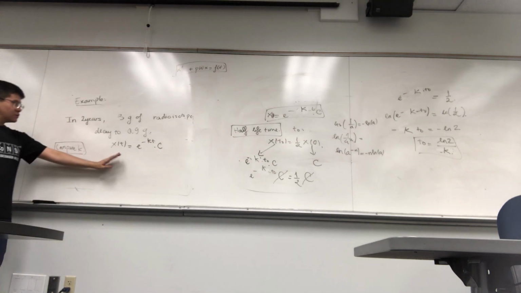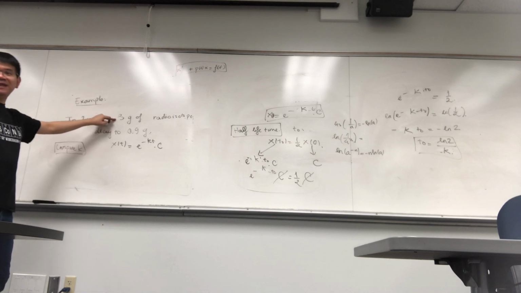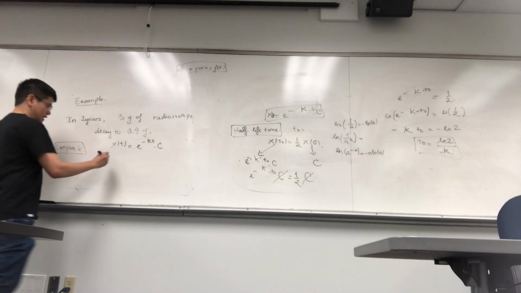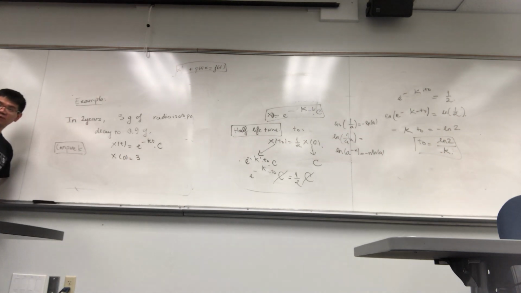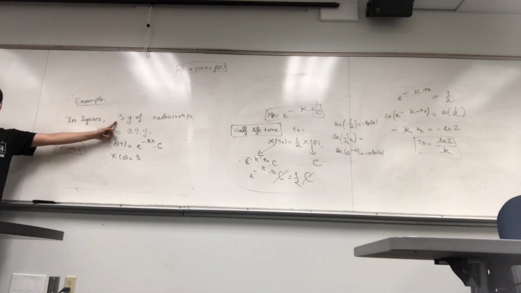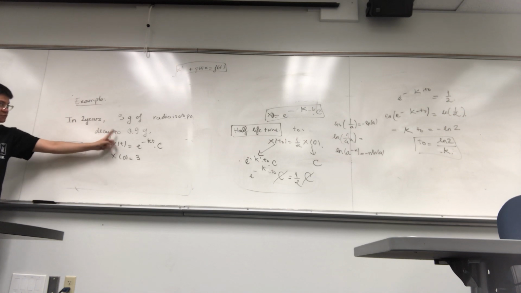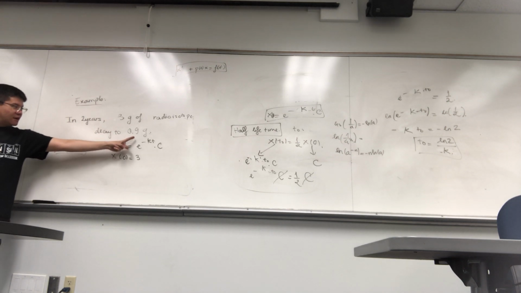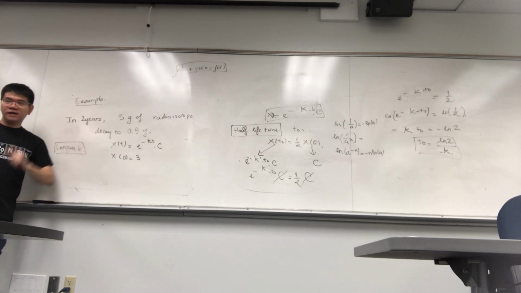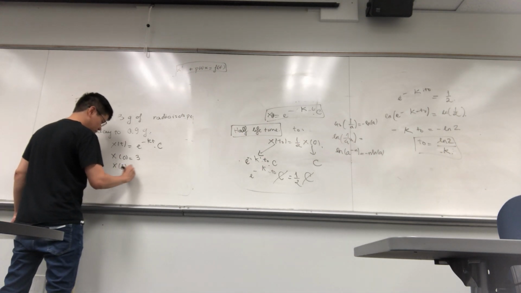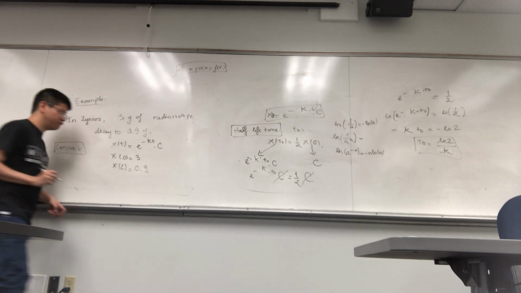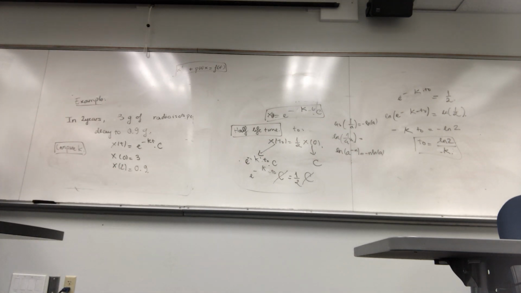In the beginning, it has 3 gram, so x0 is 3. And after 2 years, it reduces to 0.9 gram. So x2 will be 0.9. Questions?